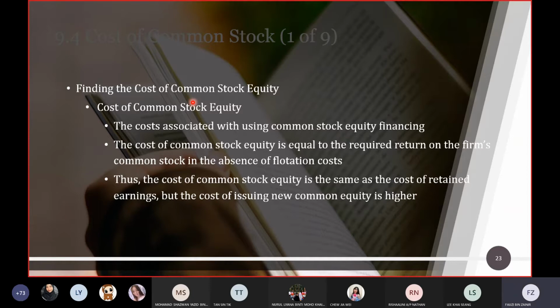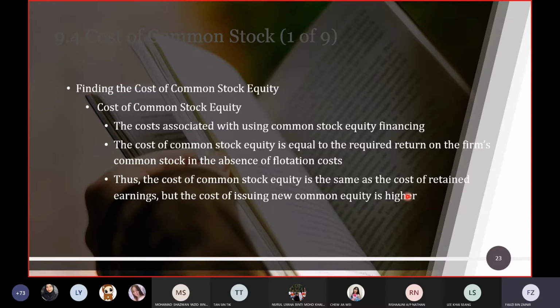Cost of common stock equity, and the other one, cost if you were to issue new shares. What this is telling us is that we are going to use the same formula for calculating the cost of retained earnings as well as the cost of issuing common stocks, but with a slight adjustment.